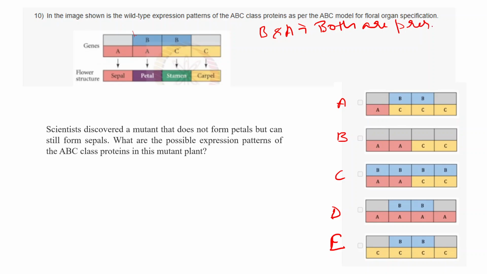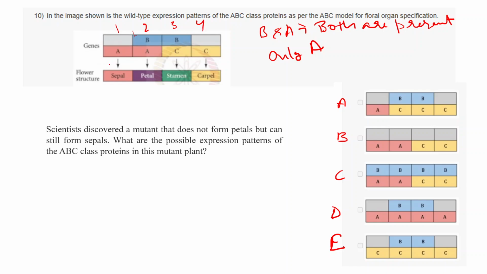Okay. And for sepals, only A is required. So let us first look for sepals. Can this form sepal? And these are the whorls: whorl 1, whorl 2, whorl 3, and whorl 4.